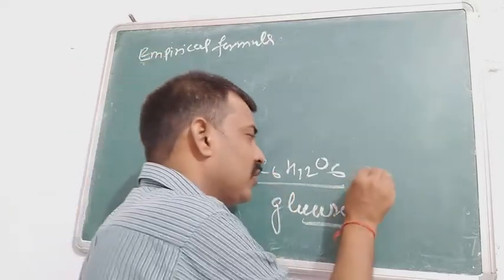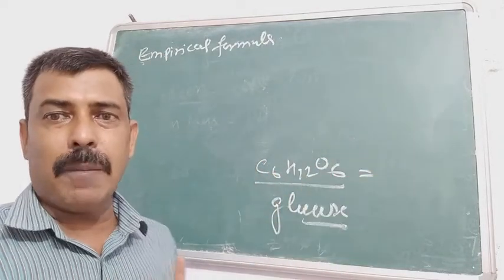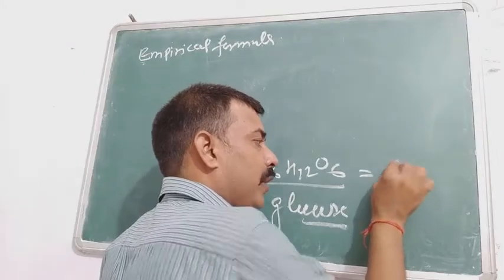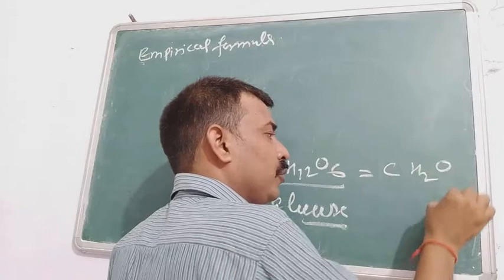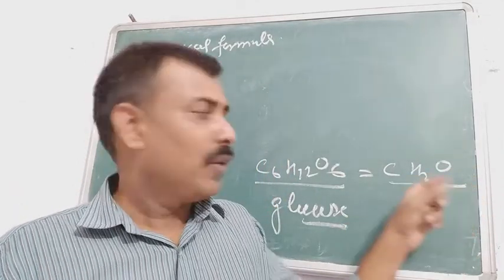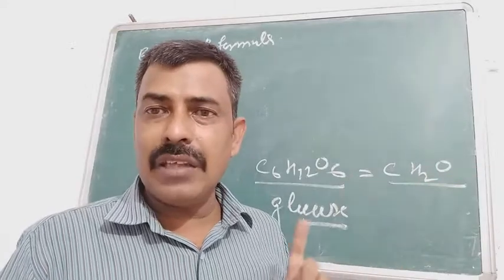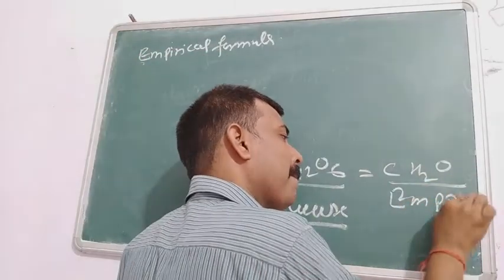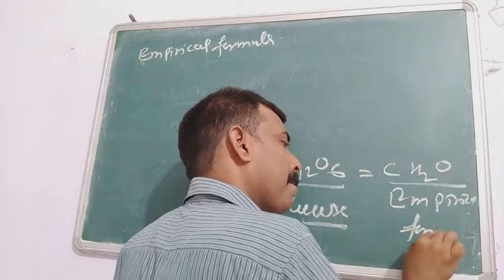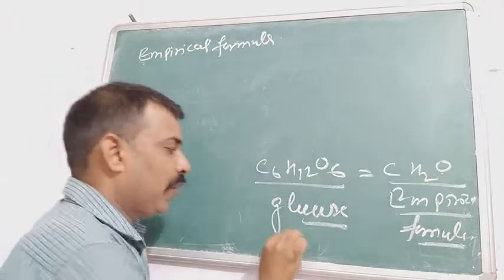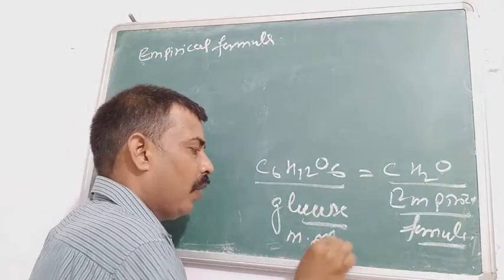But when you see the simplest ratio of the elements in the compound, you can find that the simplest ratio is 1 is to 2 is to 1. So the simplest ratio formula will be CH2O, and that is known as the empirical formula. And this is the empirical formula, and this one is the molecular formula.